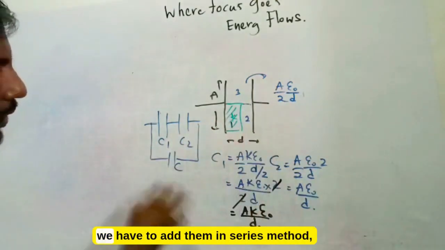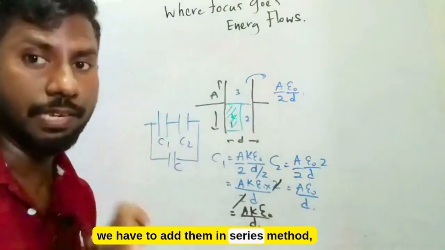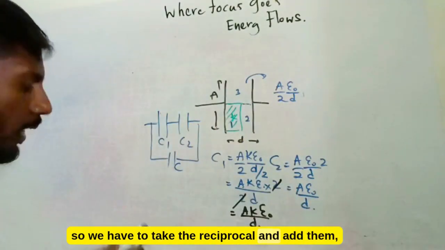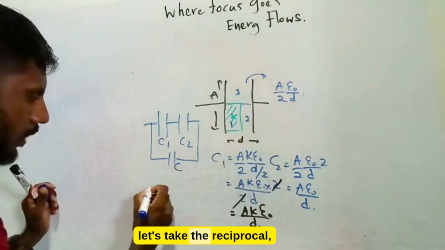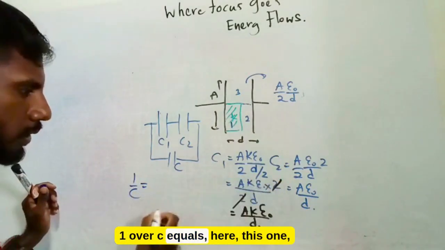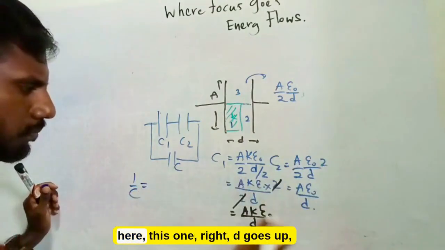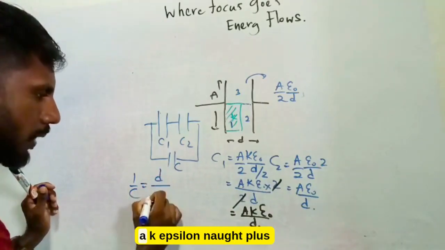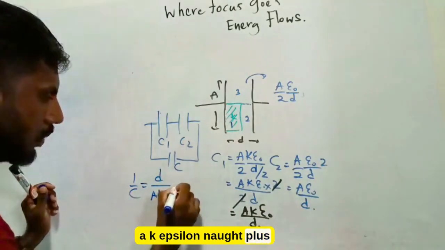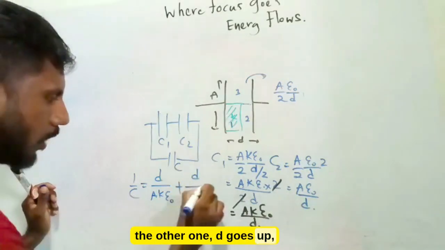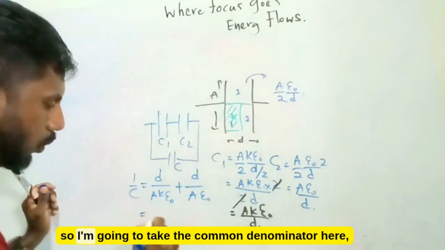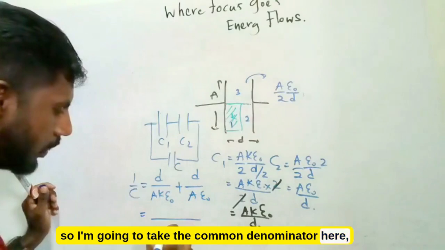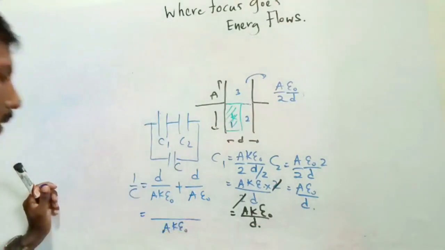C1 plus C2, actually we have to add them by the series method, so we have to take the reciprocal and add them. 1 over C equals D over A K epsilon naught plus D over A epsilon naught. I'm going to take the common denominator A K epsilon naught.